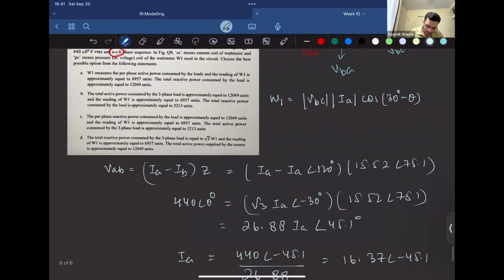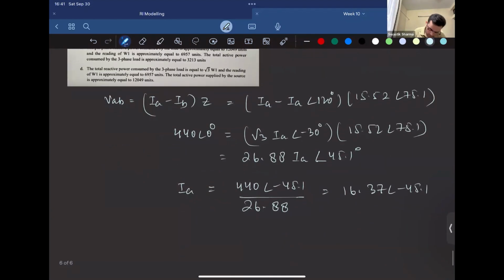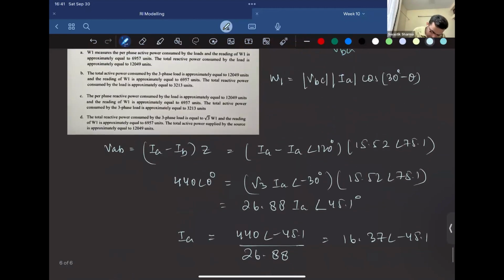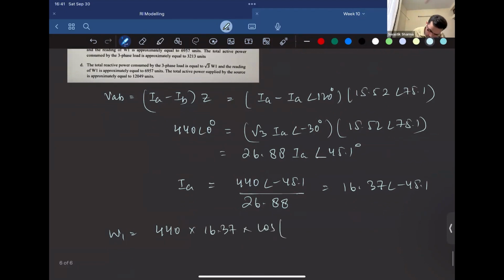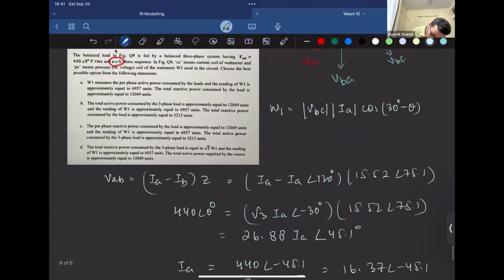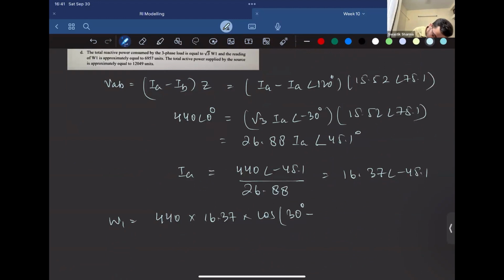So let's plug it in W1. W1 is VBC, which is 440, into 16.37, cos of 30 degrees minus of 45.7.